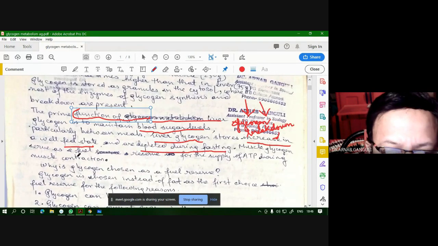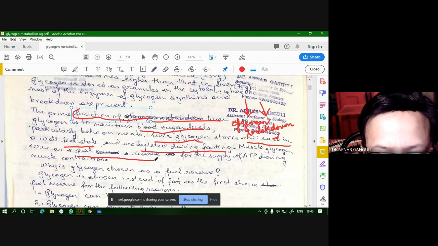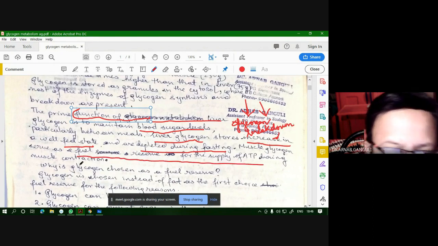Muscle glycogen serves as a fuel reserve for the supply of ATP during muscle contraction.